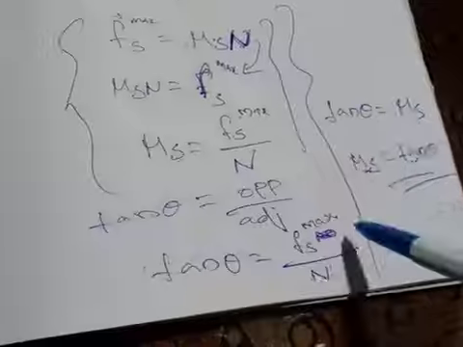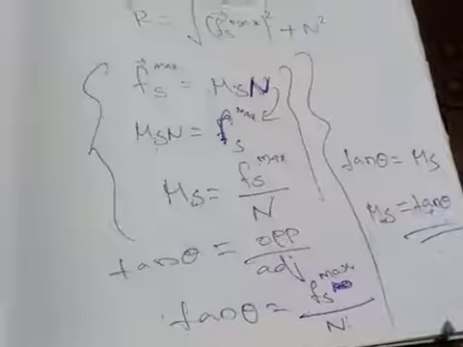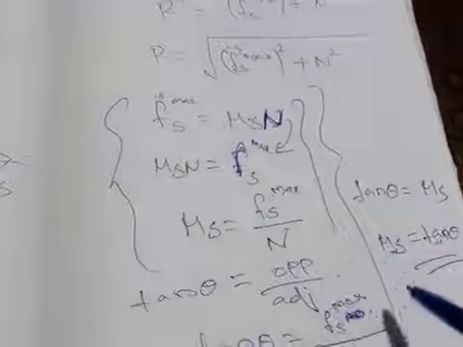So Fs maximum by n, and what is this Fs maximum by n? It is equal to mu s. So mu s is equal to tan theta, and this is what angle of friction. And how we can define this formula? It is coefficient of static friction, and it is equal to the tangent of the angle of friction.